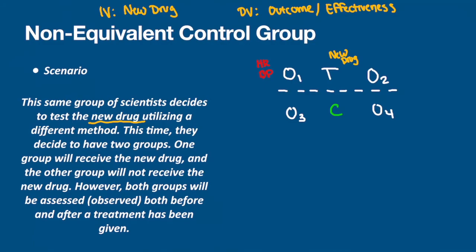And our second observation also represents an assessment of someone's heart rate and blood pressure. Now, in the second group, we have a similar setup. The first observation again represents an assessment of heart rate and blood pressure, and the same is true for our fourth observation.